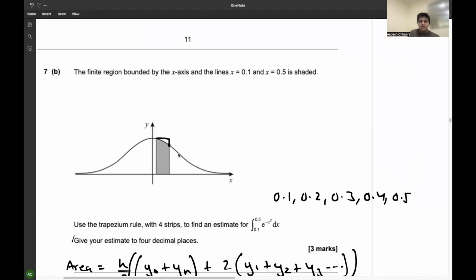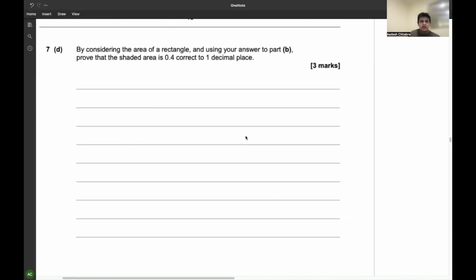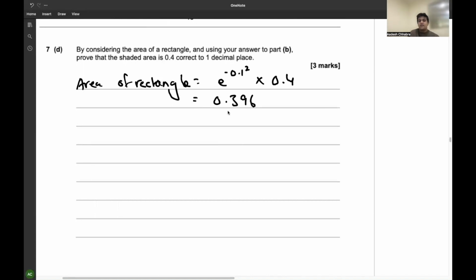The height of the rectangle here would be equal to the left-hand side of the trapezium that we did, which is just y when x is equal to 0.1. And of course, the base of the rectangle would be the difference between 0.5 and 0.1, which is 0.4. So I know that the area of the rectangle is equal to e to the power of minus 0.1 squared times 0.4. And that is equal to 0.396 when you put this into your calculator.